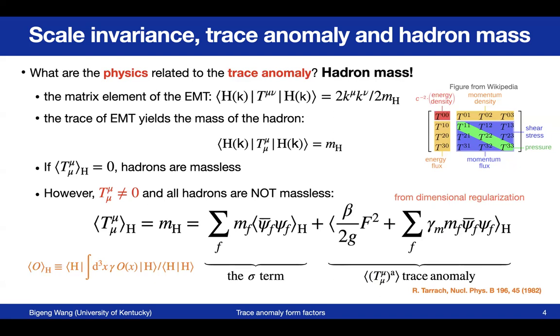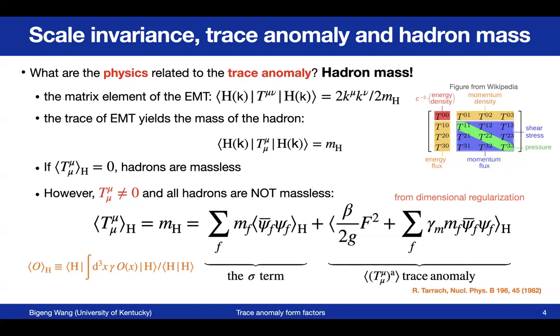However, we all know that in nature the trace is not zero. There are two contributions so that hadrons are not massless. First is what we call the sigma term, which comes from the fact that quarks are not actually massless. The second one is the term that we mentioned: even in the limit where the quarks are massless, we still have a trace anomaly induced by the QCD effect.